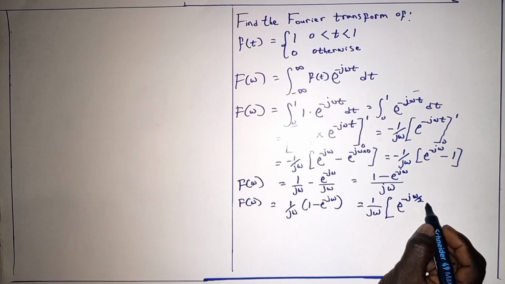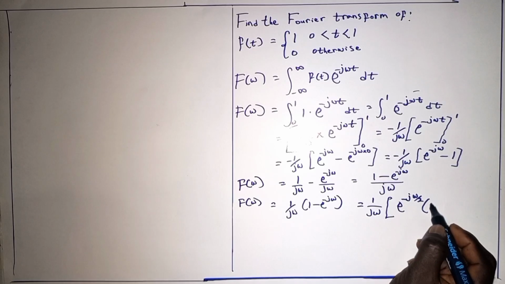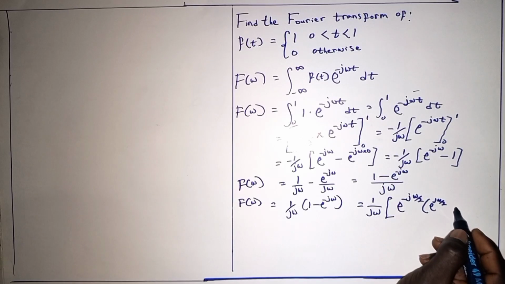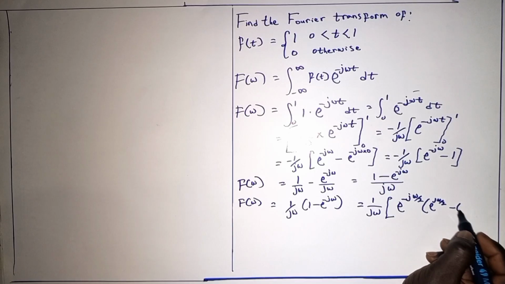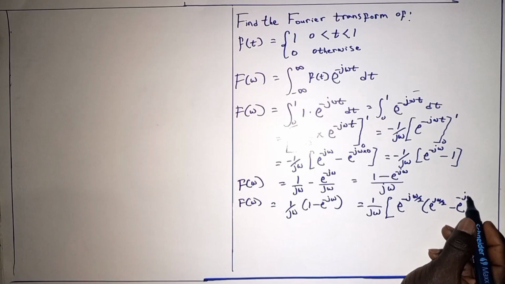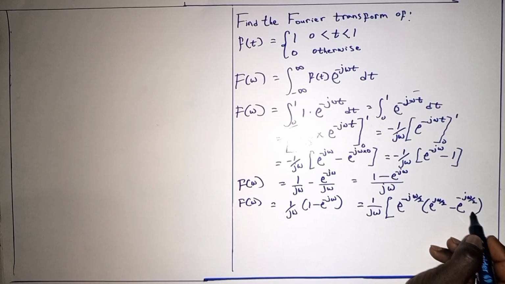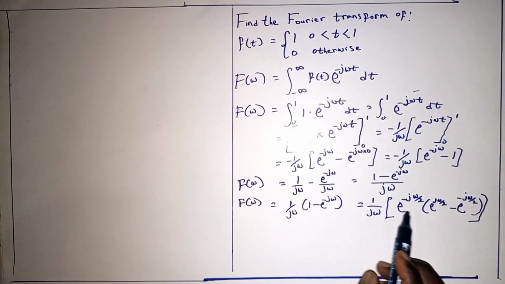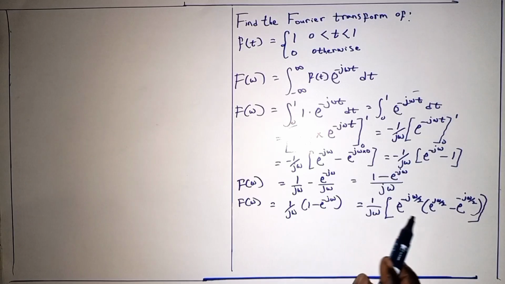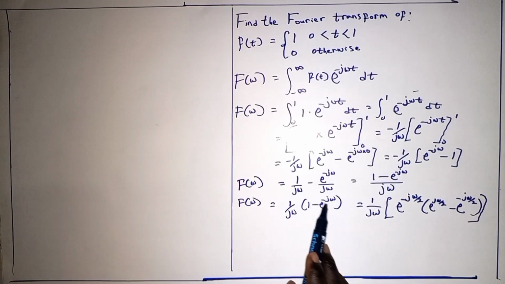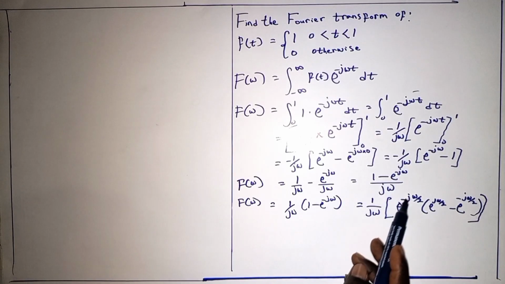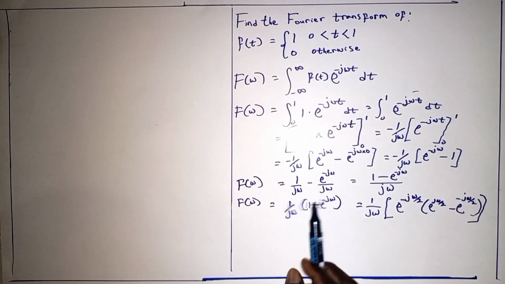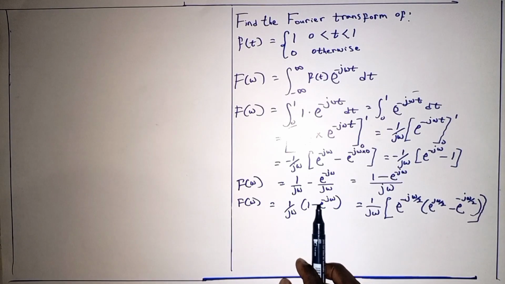Now it can be 1 minus jw over 2, a jw over 2 minus jw over 2. So now what I did here, I factorize exponential minus jw over 2 outside of this function here.